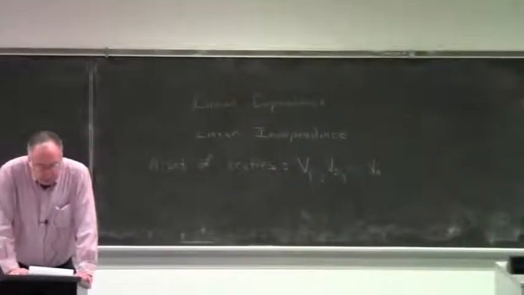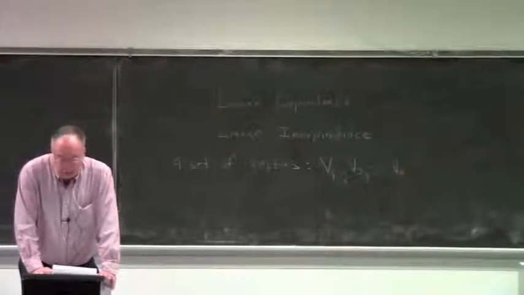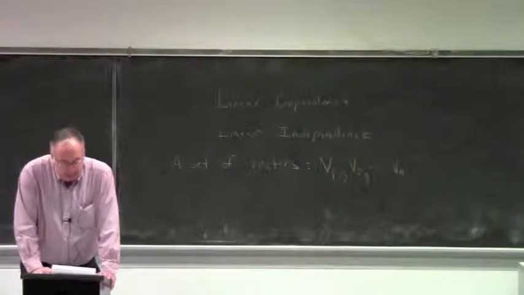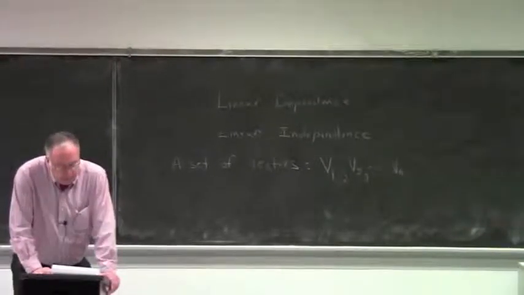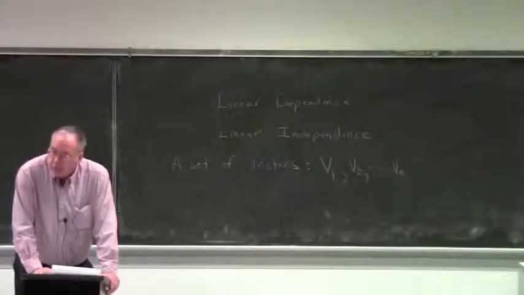Let me just repeat it. I'm not going to write it out because it takes a long time, and it's right in your book on page 62. A set of vectors v1, v2, dot, dot, dot, vn is said to be linearly dependent if and only if any one of them can be expressed as a linear combination of the remaining vectors.